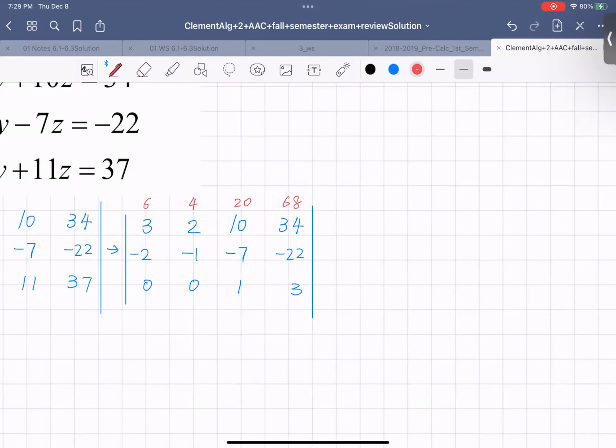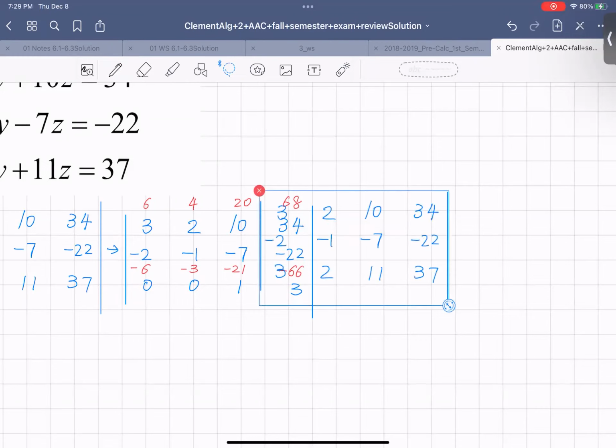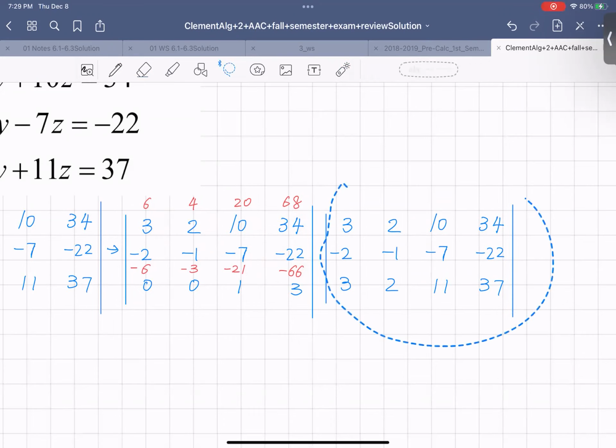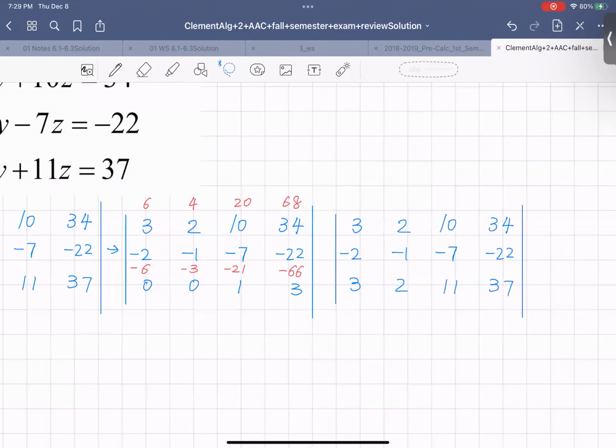Yes. And then we times 3. So -6, -3, -21, -66, right? Yes. And then we are going to add these red numbers, okay? Correct? Yes. Okay. To replace the second row.